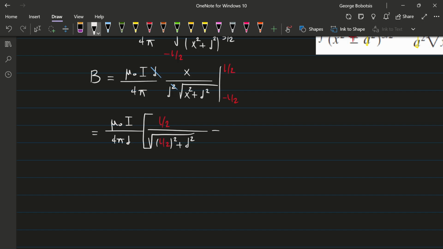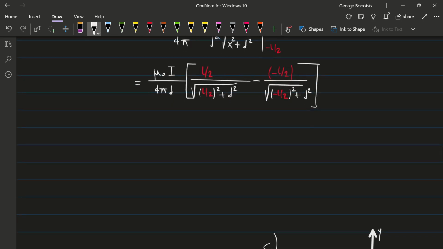But when you subtract, you're using negative L over 2 on the top, and it's the same term that you're going to get in the root, because the negative will cancel in the square. So the denominators are exactly the same, and you're getting here L over 2 minus L over 2. I think you see where that's going.